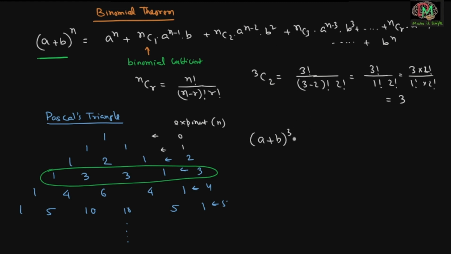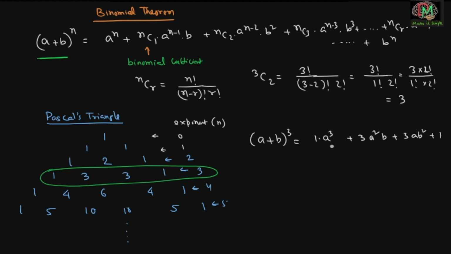So we can write first all the coefficients, that is 1, and here it is 3, and next is 3, and the last one is 1. Then a cube and b to the power 0, then a square b, next is a b square.